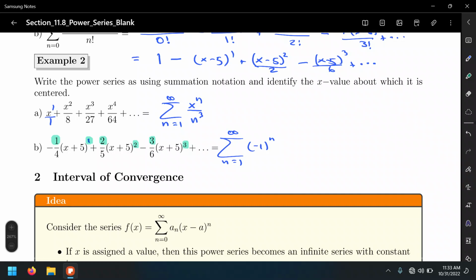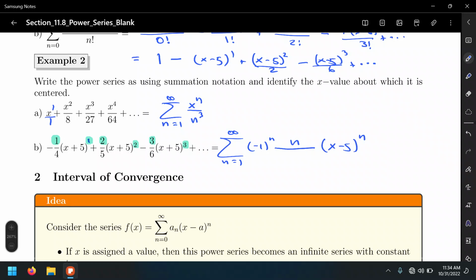So that means there's a quotient here between the sequence of 1, 2, 3, 4, 5, etc. and 4, 5, 6, etc. So that means n in the numerator, (x - 5) to the n power, noted, because again, these coefficients match with the power.